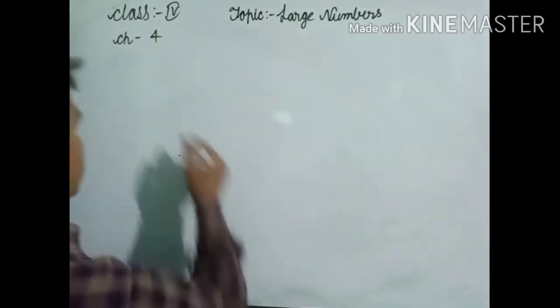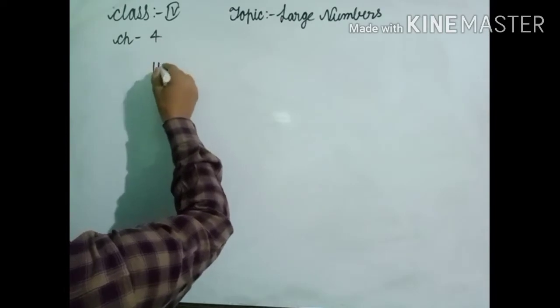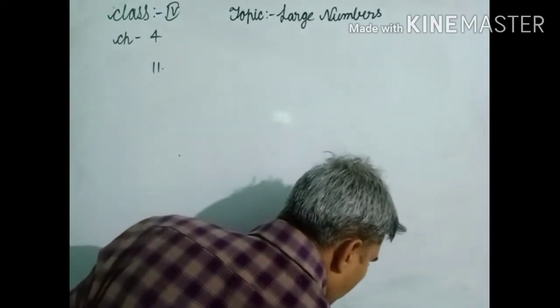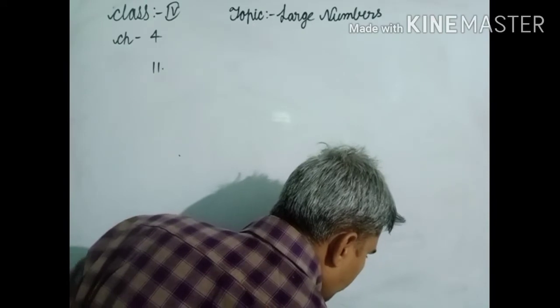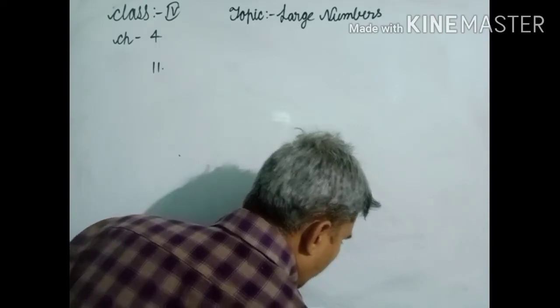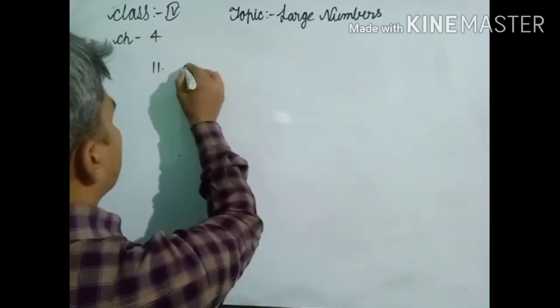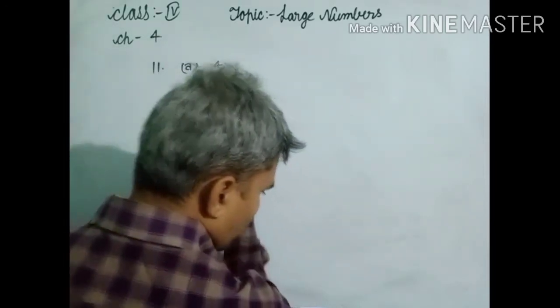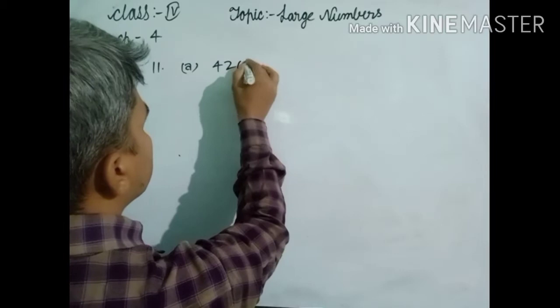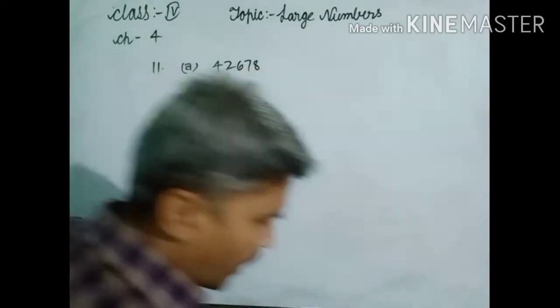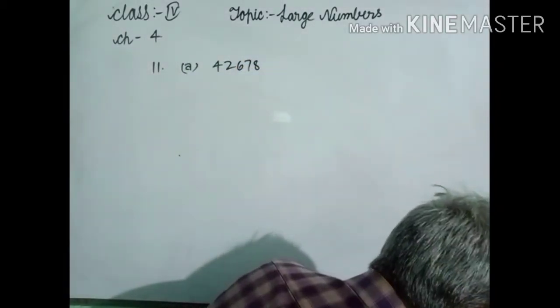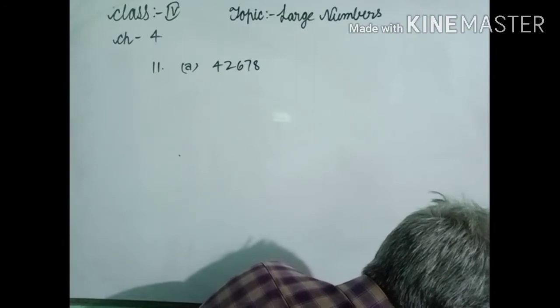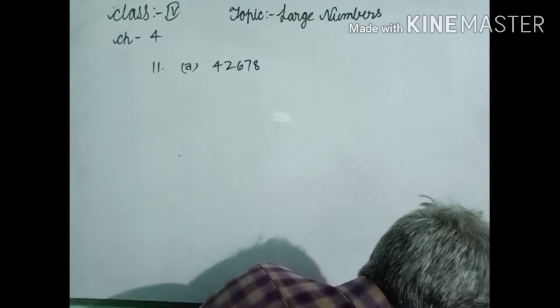In the first question, question number 11: write the number coming just before the given number. 42,678. Write the number just coming before 42,677.